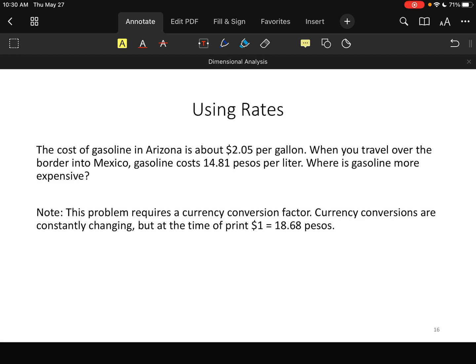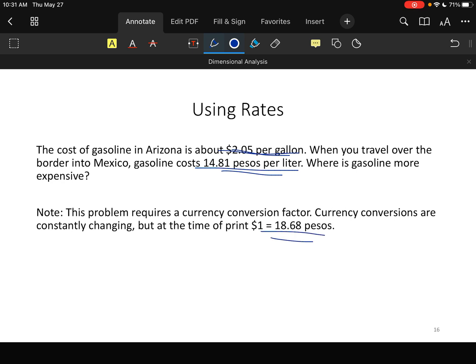All right, and so then we got a currency conversion factor. So let's underline all our units, and then we've got a conversion factor of $1 is equal to 18.68 pesos. So what we're going to do is try to write all this out in one fell swoop.